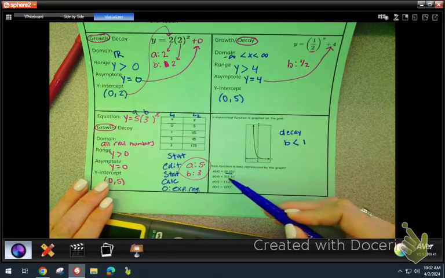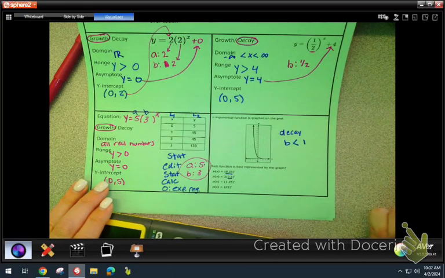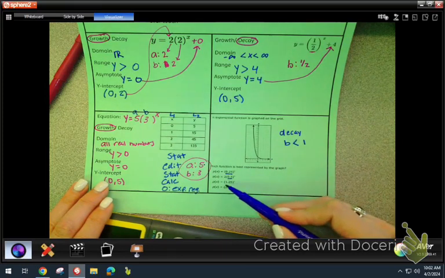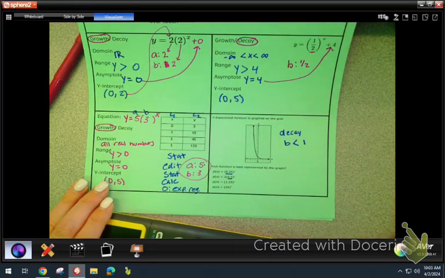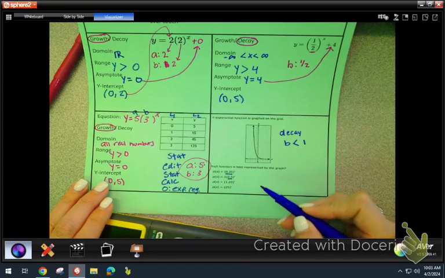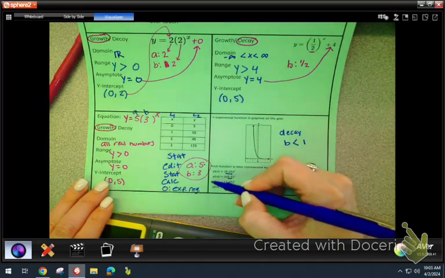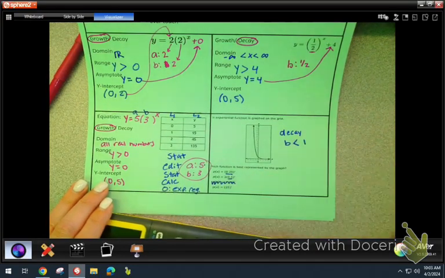So is this a possibility? Yes. What about your next base? 0.5. Is that less than 1? It's a possibility. The third case, 1.25. Is that greater than 1? It's greater than 1, yes. So is that going to be a possibility? No, that would be a growth.